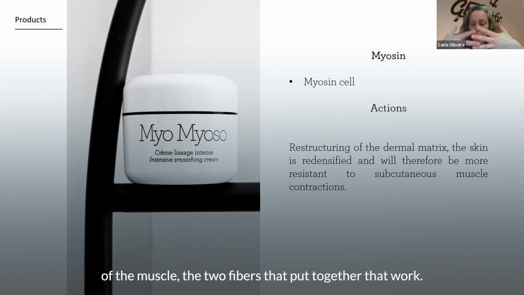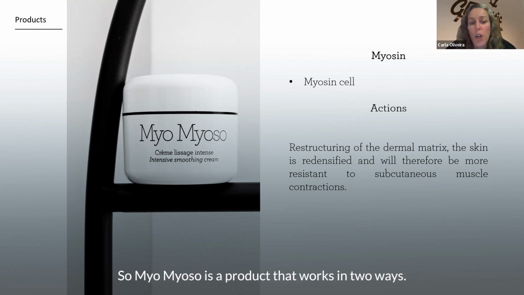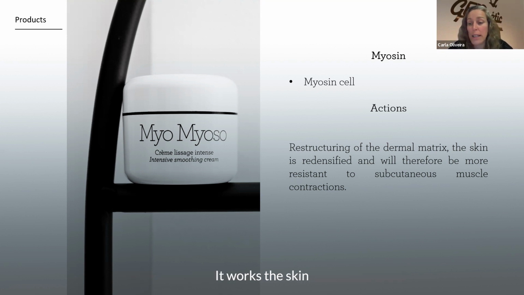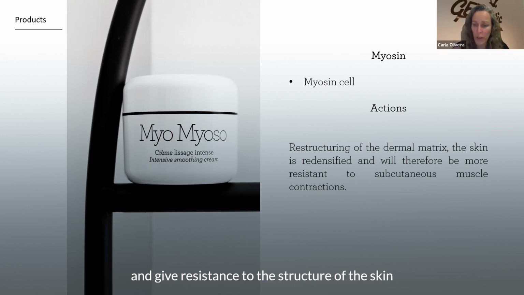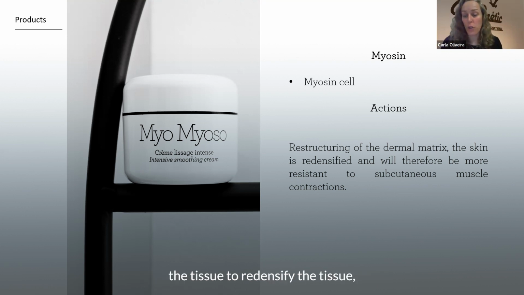The two fibers that work together. So Myoso is a product that works on two sides. It works the skin and gives resistance to the structure of the skin, to restructure the tissue, to redensify the tissue, but also to give resistance to the tissue when the muscle works very much.